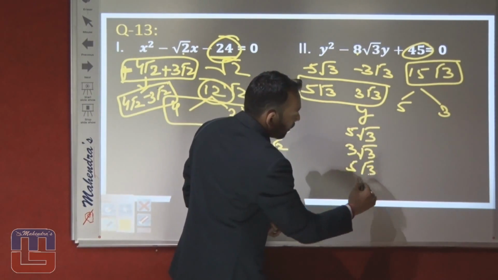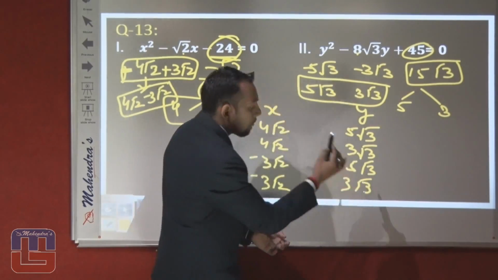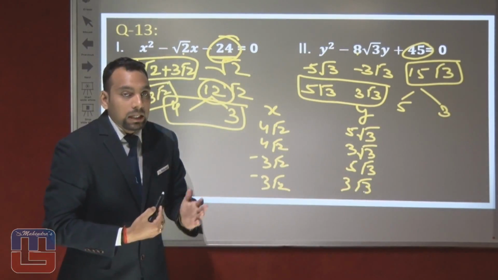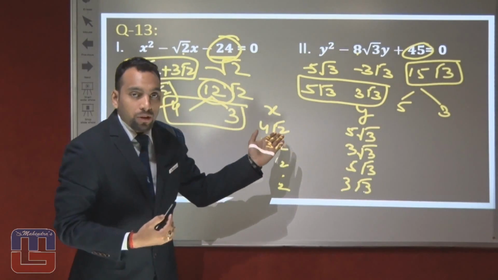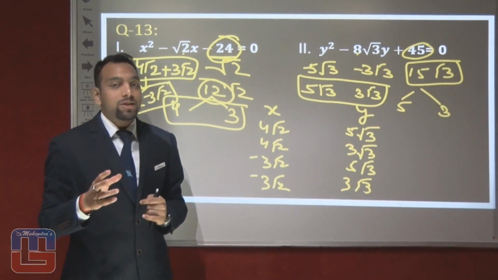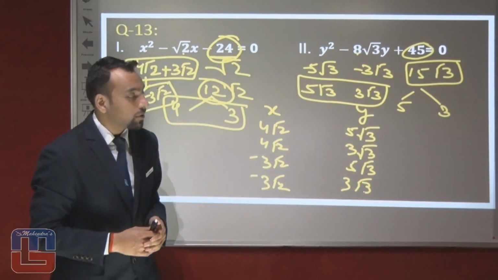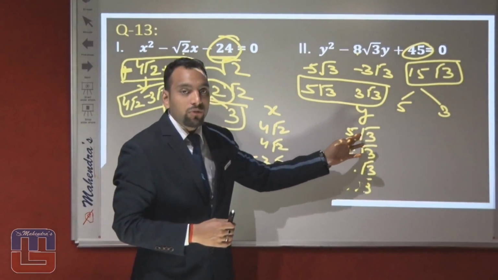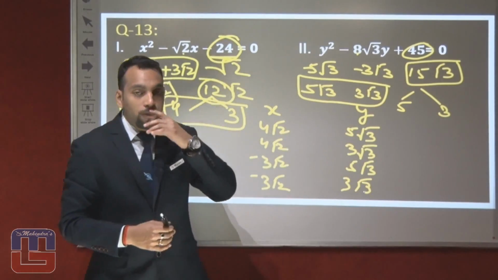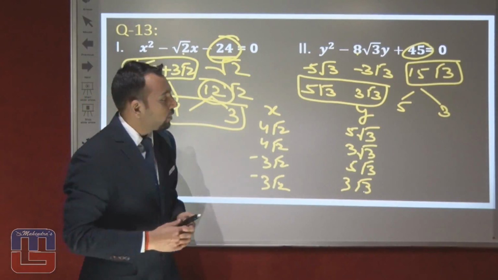The value of root 2 is about 1.4, and 1.4 into 4 is 5.6 something. The value of root 3 is 1.73, and 1.7 into 5 is 8.5 something.